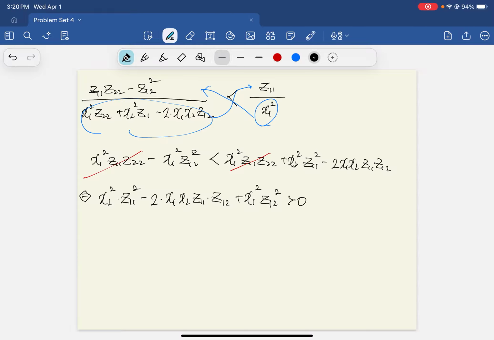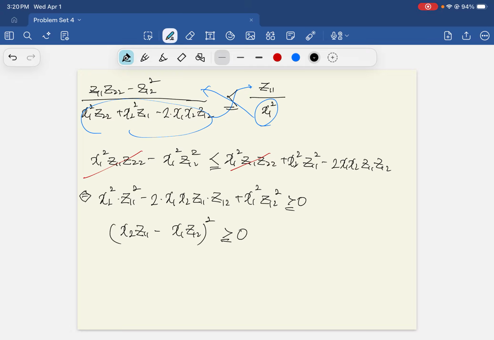This is equivalent. And this is clear because it is x2 z11 minus x1 z12, all squared, which is always positive. Let's put it as a weak inequality: this is greater than or equal to 0.